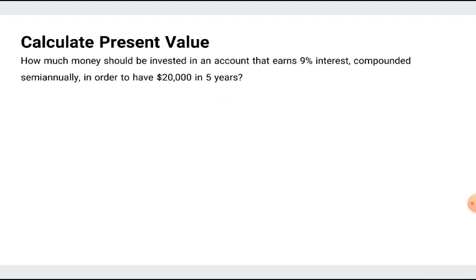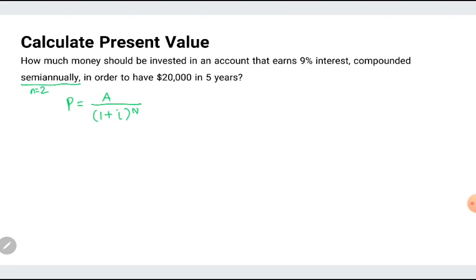Okay, now I'm computing for the present value. My present value formula is A over 1 plus I over big N. How much money should be invested in an account that earns 9% interest compounded semi-annually? So my N is 2.